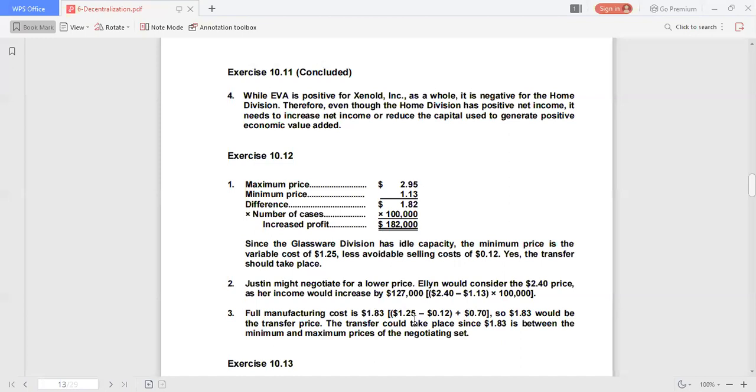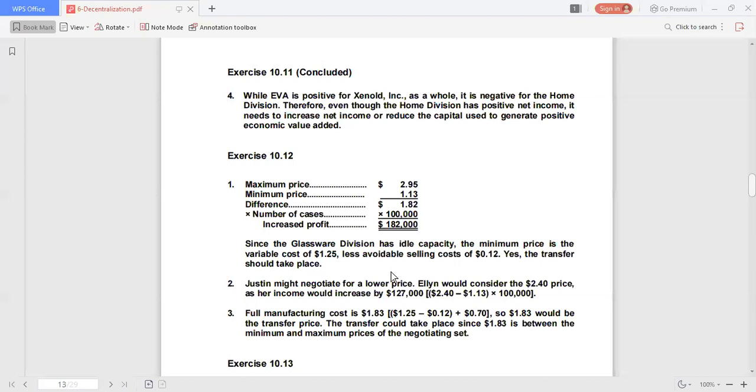Number three, suppose that Mouton and Pierre's policy is that all internal transfers take place at full manufacturing cost. What would be the transfer price? And would the transfer take place? So in requirement number 3, full manufacturing cost is 1.83, that's 1.25 variable minus 0.12 avoidable, and then we add 0.70.